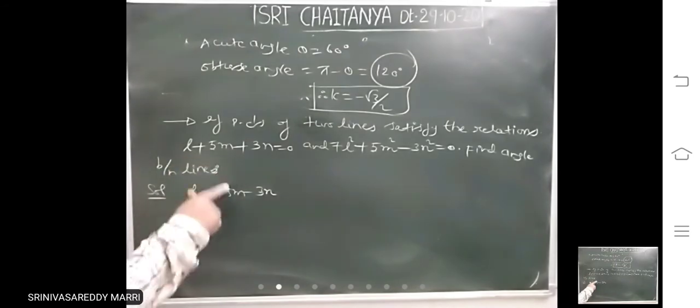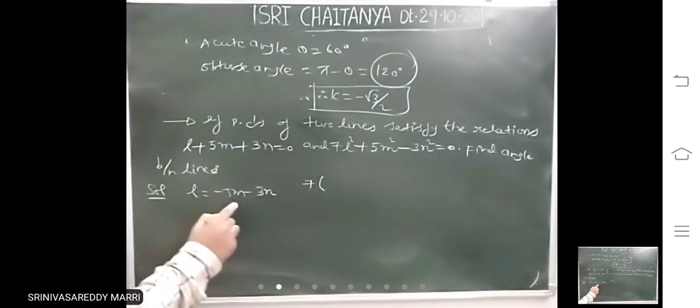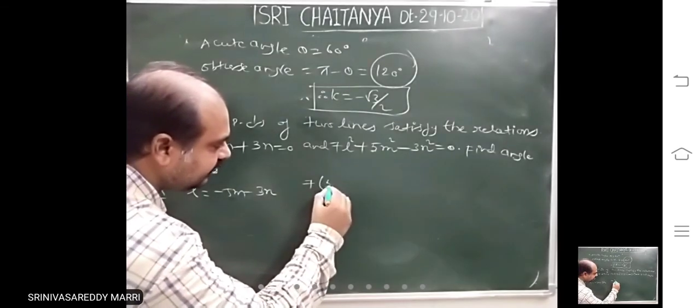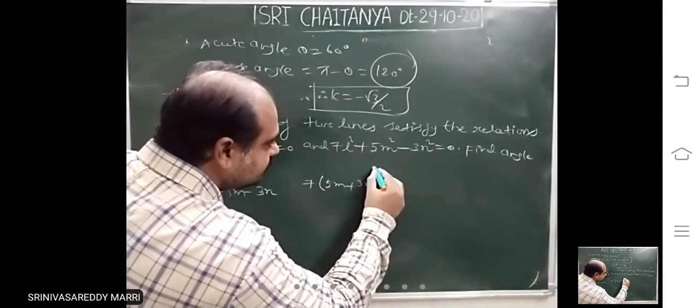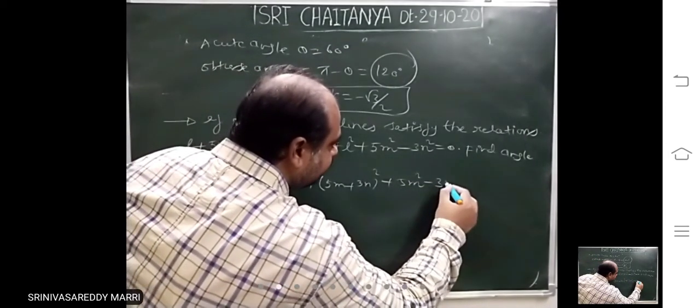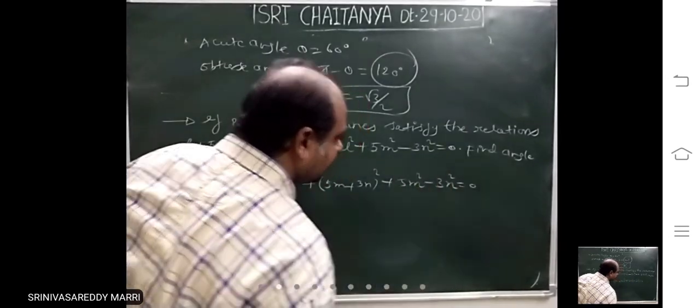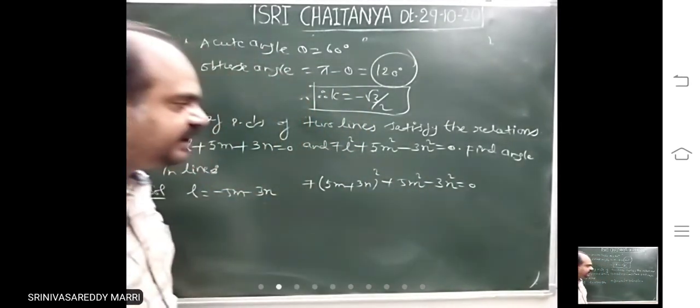l is easy enough to take here. So you substitute l here: 7 into l square, the minus will become positive, whole square, plus 5m square minus 3n square equal to 0. You eliminate one variable and convert it into two variables.